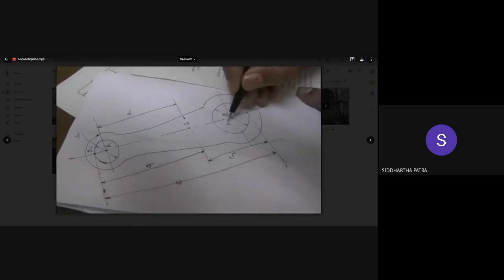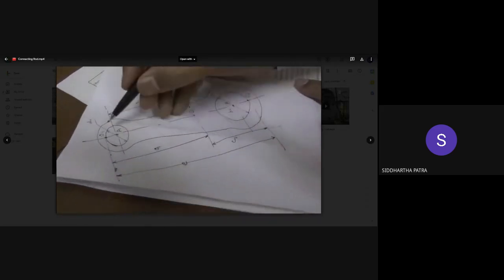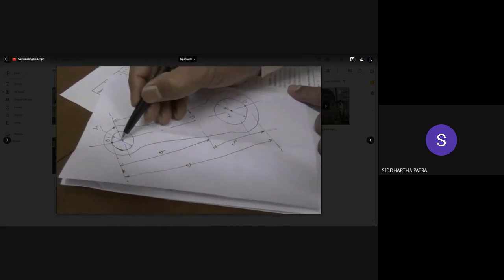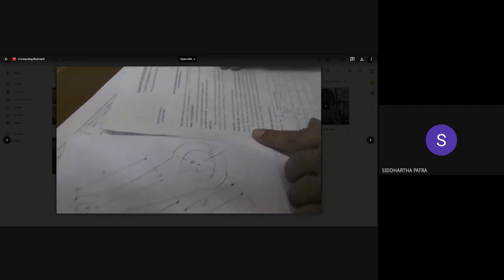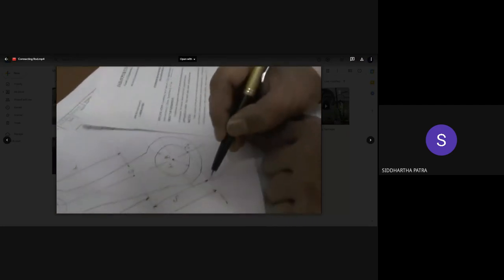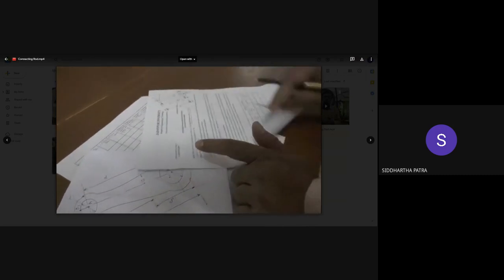So once you get the bore diameter, you can find out what is E. So this is diameter by 2, this is given, center to center distance is 17.65 plus another diameter by 2, so you get E.